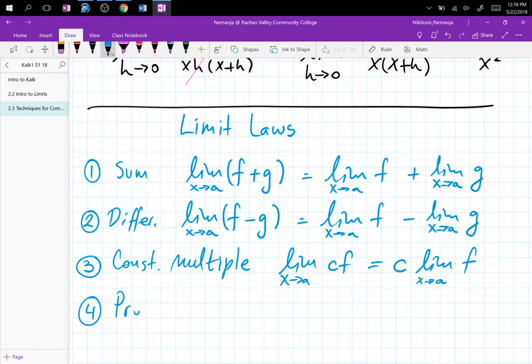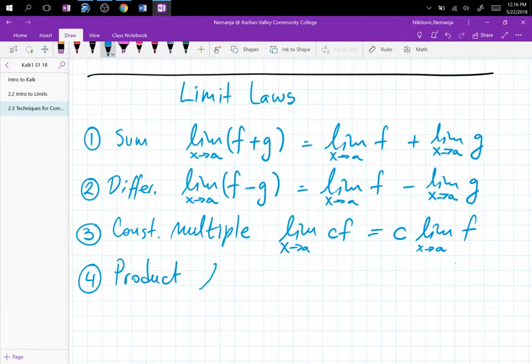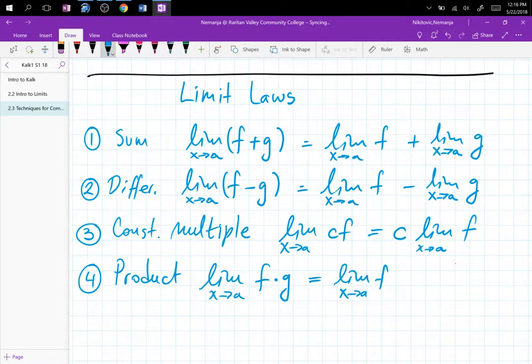Product says that the limit of the product is the product of the limits. So limit as x goes to a of f times g is equal to the limit as x goes to a of f times the limit of g.